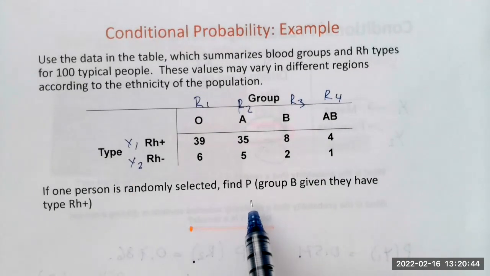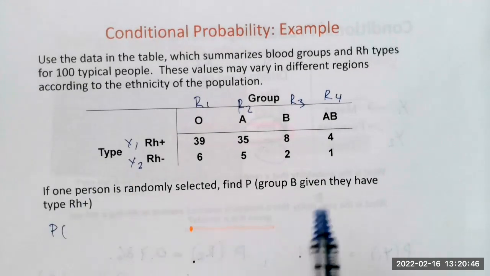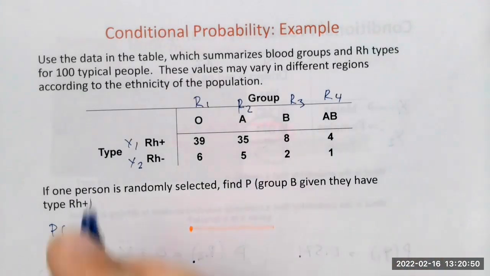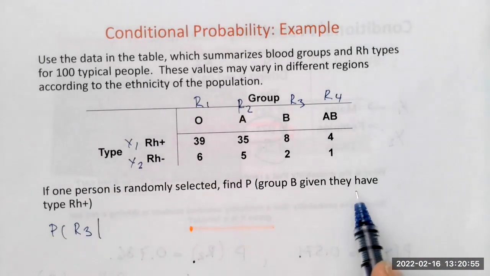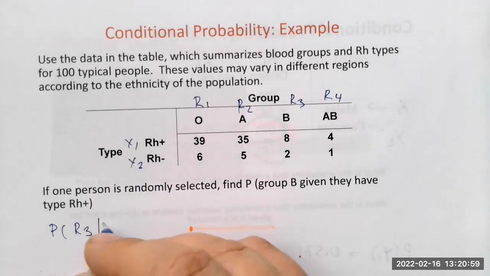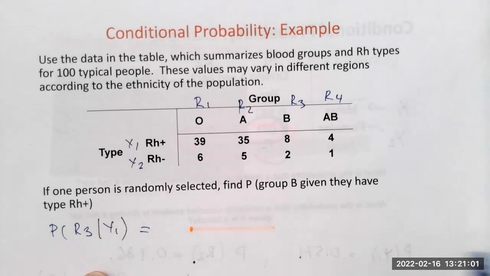So we're looking for the probability that the person has group B, which is R3, given they have the positive RH, which is Y1. So that's what we're looking for.